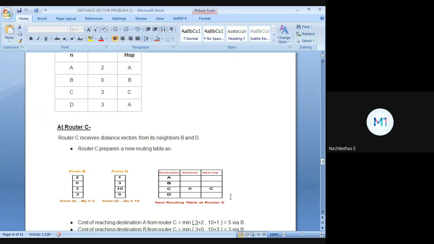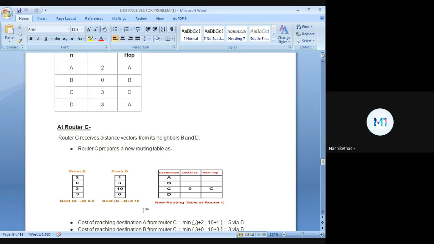It is minimum of? No, D is here, right? Minimum of 3 plus 3, 3 plus 3.